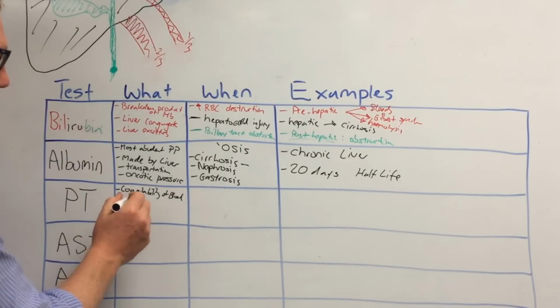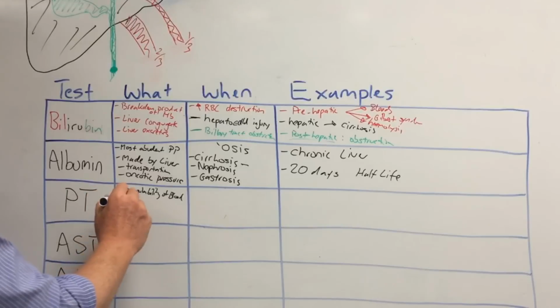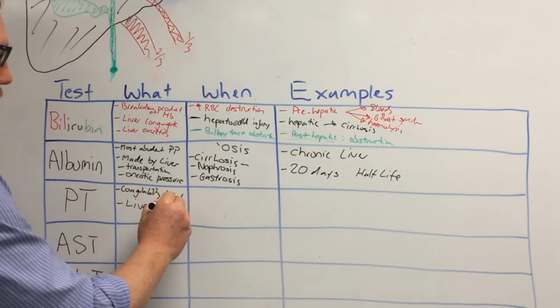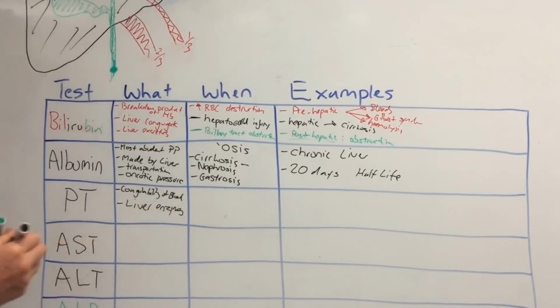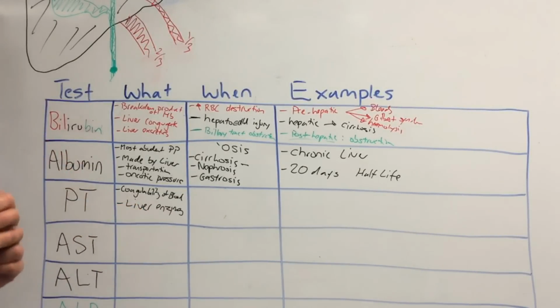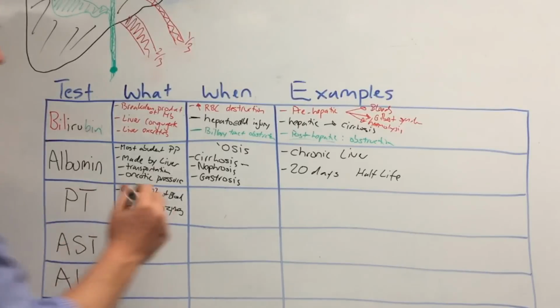The majority of the enzymes involved in this are made by the liver. There are many vitamin K dependent enzymes that the liver makes, which the speed of clotting is highly dependent on. Therefore, out of all the actual tests, prothrombin is the most sensitive.